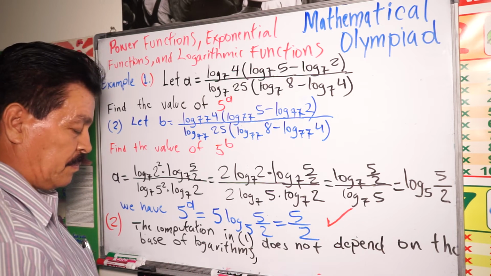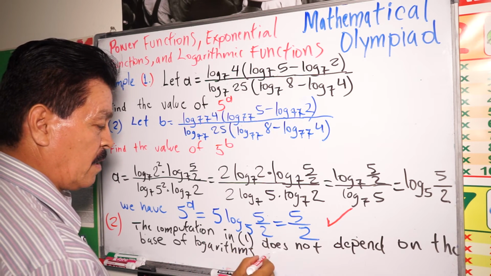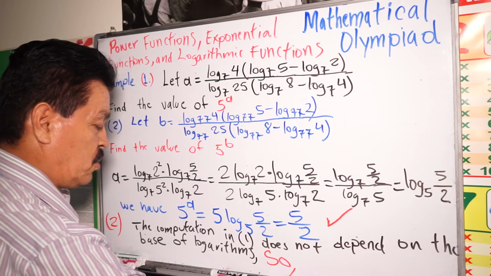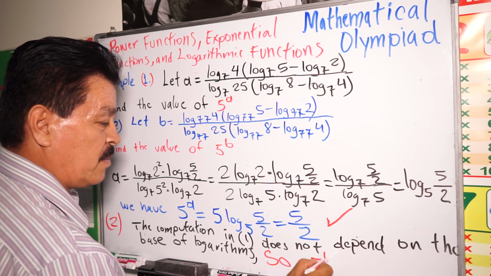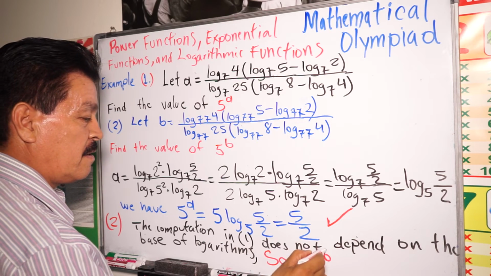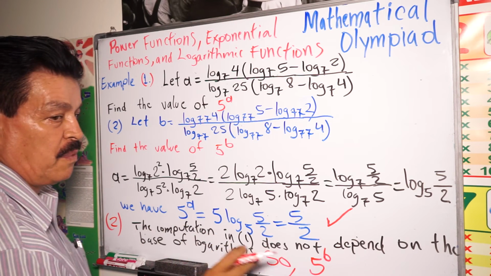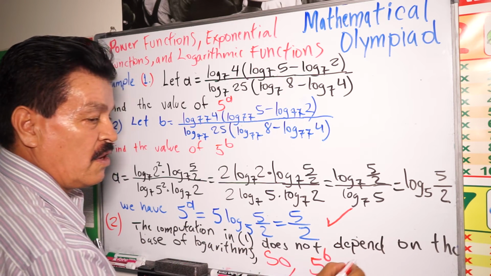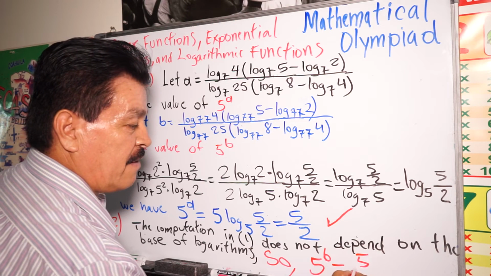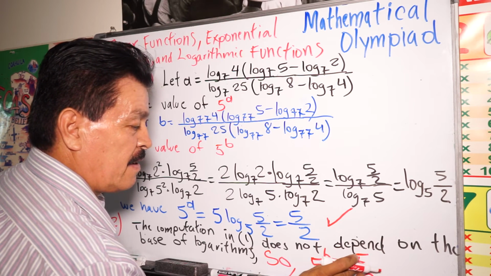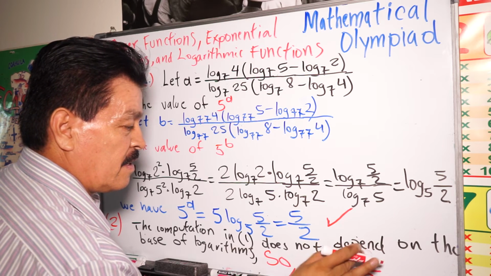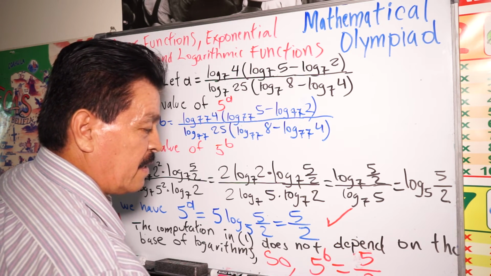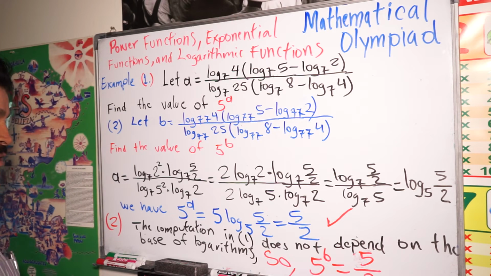So 5 to the B power equals 5 halves, okay? That's the answer.